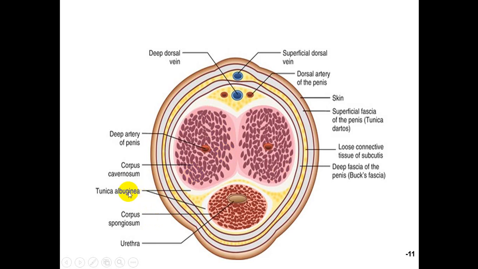We also have the tunica albuginea. That is what surrounds the erectile muscles. Later we'll see that the tunica albuginea also surrounds the male testis.